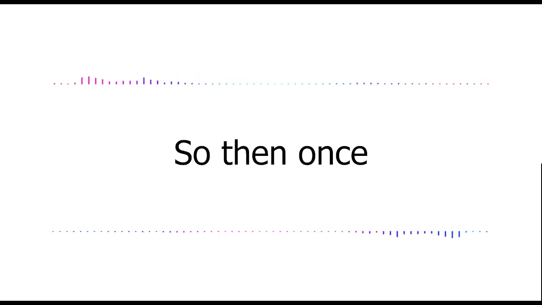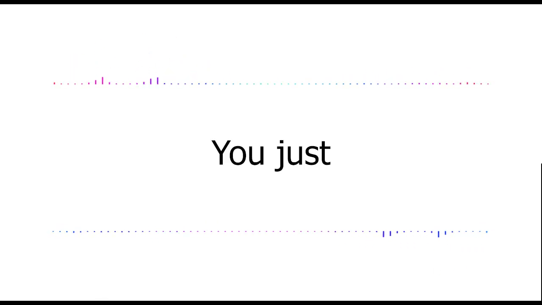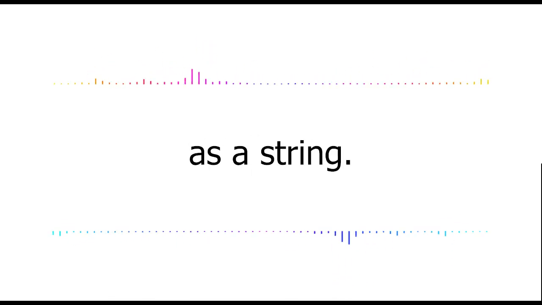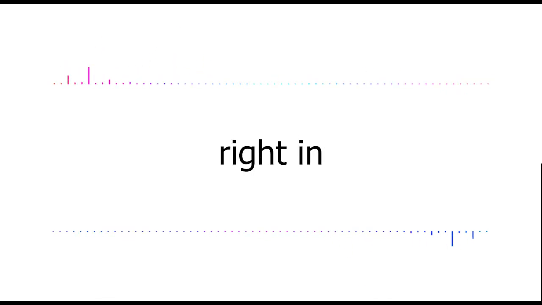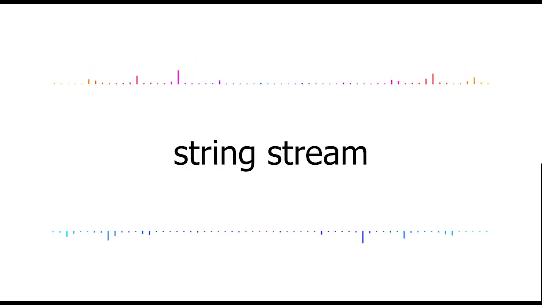Wow. So then once I've built up my string, like my log message or whatever, how do I get the actual string out of the string stream? Easy peasy. You just call the .str() method on the string stream object, and it gives you back the entire contents as a std::string. Oh, that is so convenient. It's like having a mini string builder right in the library. It is. And as you might expect, there are specialized string stream types too.